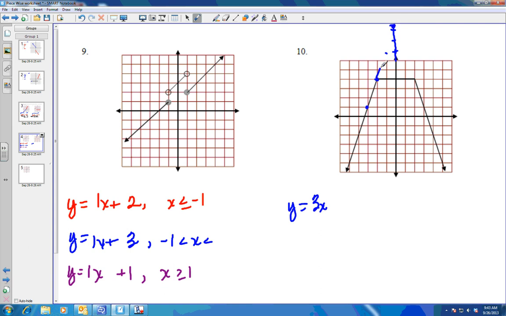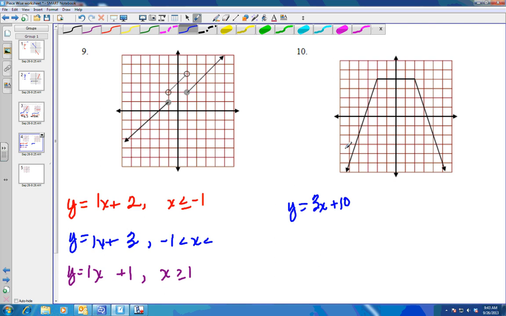If I extended this out, I'm at the 4th mark above here. It's kind of hard to tell. So this goes up 1, 2, 3, 4, 5, 6, and I'm up 4 more. So my y-intercept is actually going to be a positive 10. It's kind of hard to tell because it goes off our graph.